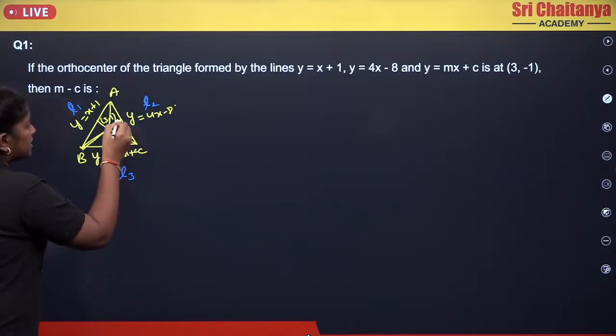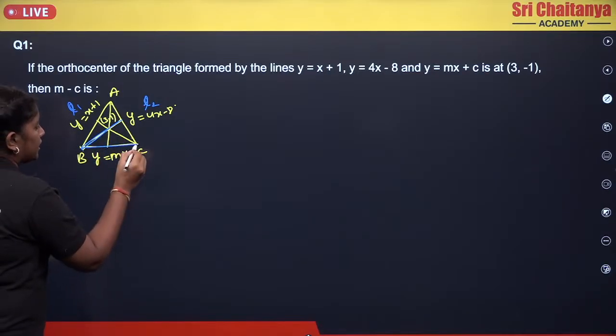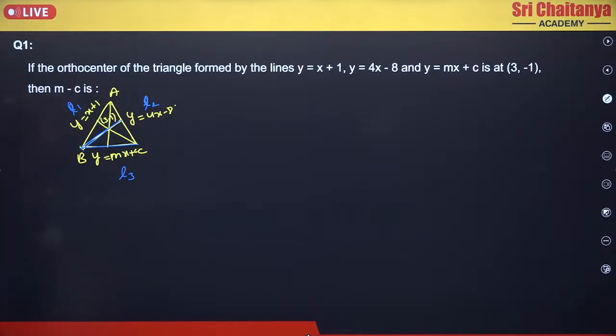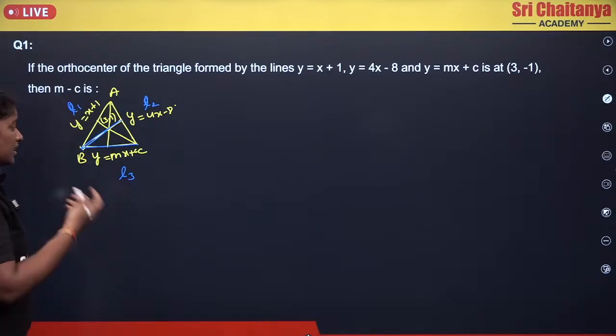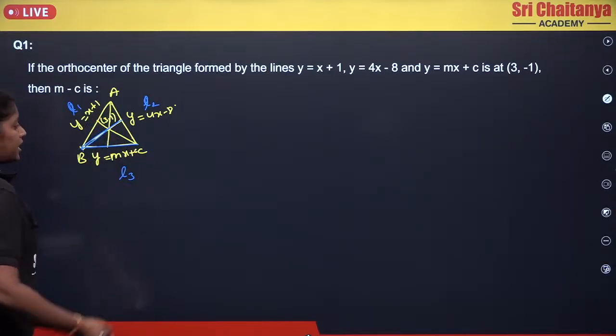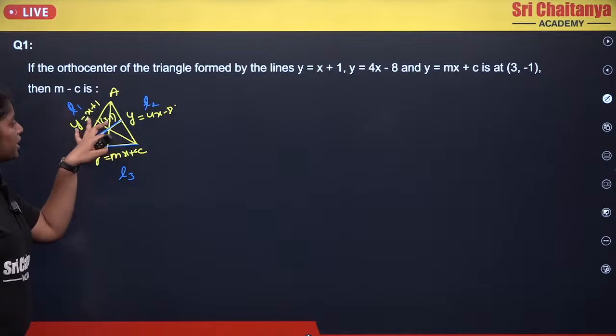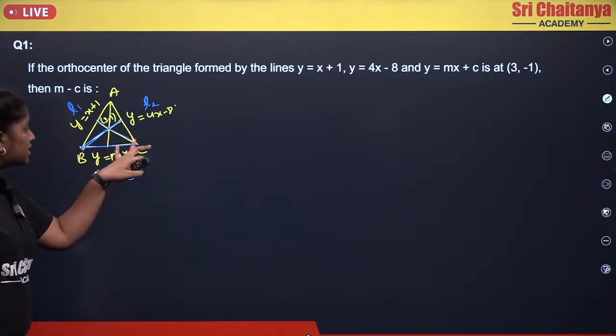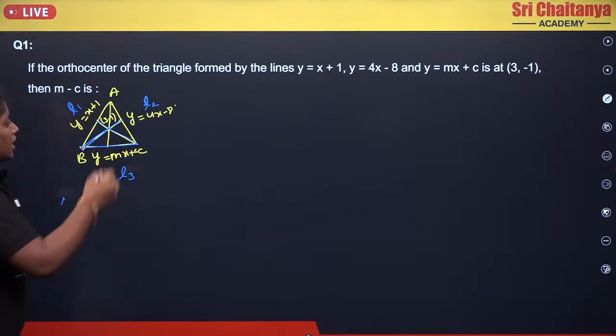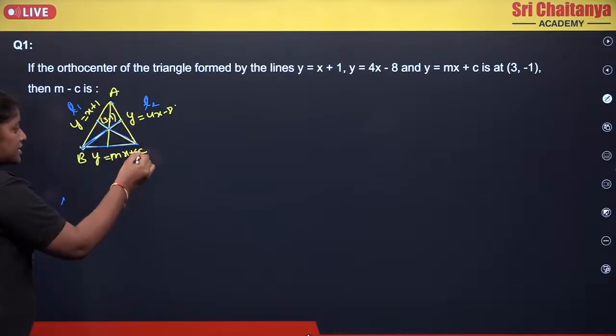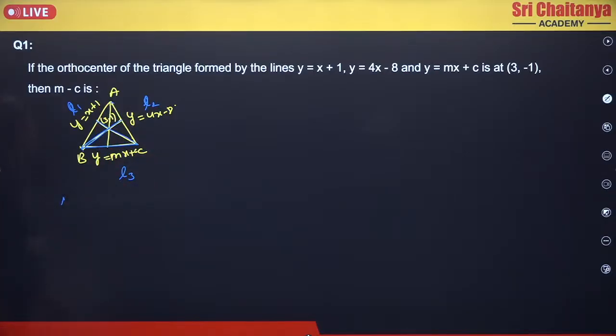Point B is the intersection of the perpendicular of L2 and L3. Now if you take the intersection of the perpendicular for this line and the side AC, then you will get the point C. So now we can find the perpendicular for our L1.